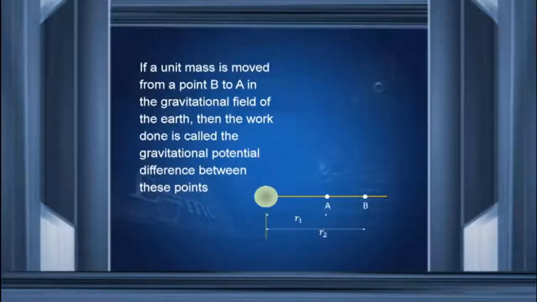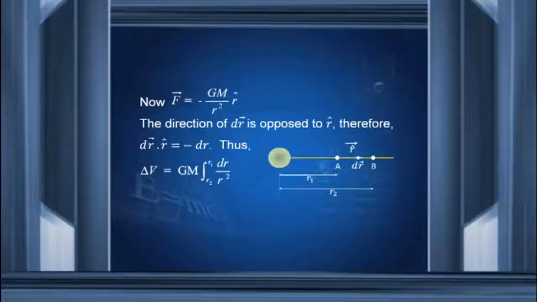And this work done from B to A is called the gravitational potential difference between these 2 points B and A. And if we use mathematics, then, F is minus GM by r squared times r cap, and since dr from B to A is in the opposite direction to r cap, therefore, when we take F dot dr, this minus sign is taken care of, and we get the potential difference equal to GM integral from r2 to r1 of dr by r squared, and this is the integral.